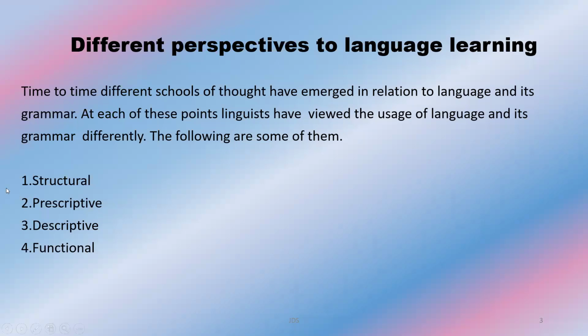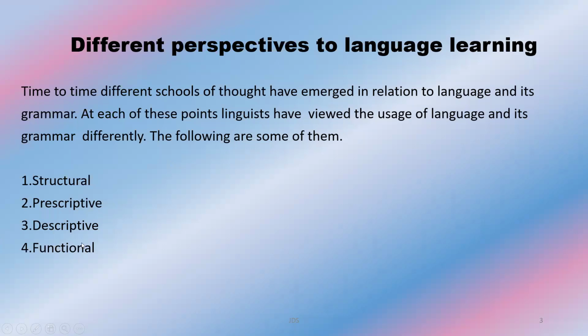The following are some of the different schools of thought that people had in relation to learning a second or a foreign language. First one is the structural viewpoint of language learning. Then comes the prescriptive viewpoint of language learning, descriptive viewpoint, and last of all, the functional viewpoint of language learning.